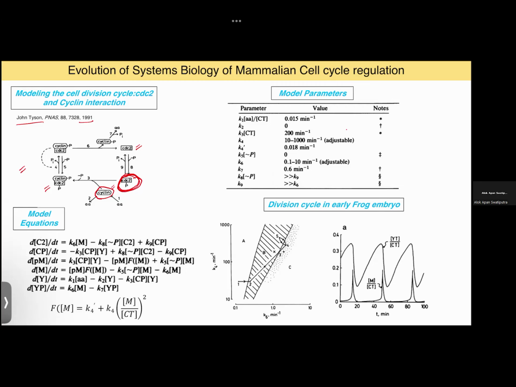And then one phosphate is cleaned. And this, where you have the phosphate on the cyclin and the CDC2 is bound to it, is the active MPF.